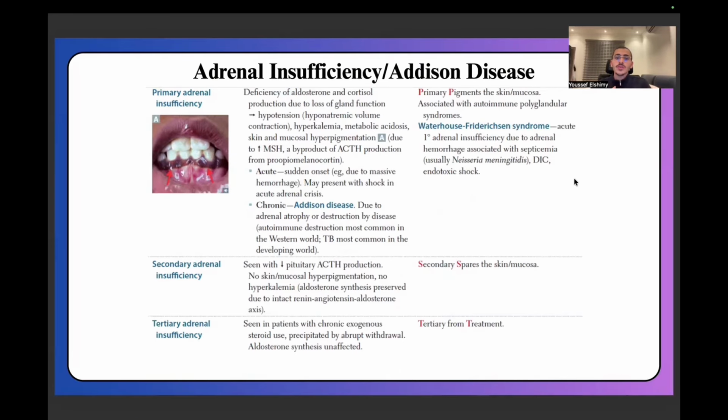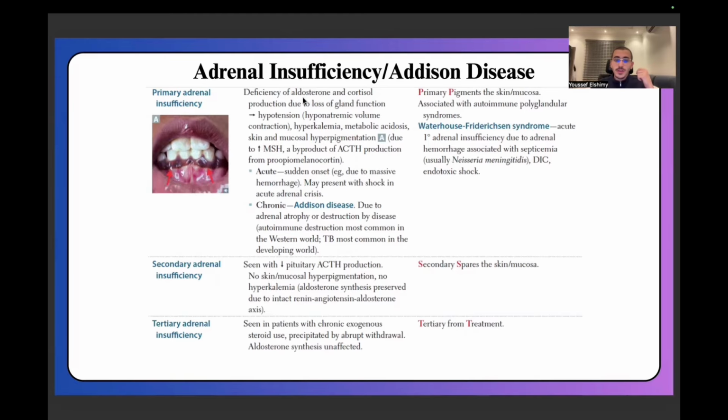Okay, then moving on to another disease, which is adrenal insufficiency or Addison disease. It could be divided into primary, secondary, or tertiary adrenal insufficiency. Primary means there is a problem in the adrenal gland itself. The adrenal gland is not producing the hormones, so there would be deficiency of aldosterone as well as cortisol due to the loss of gland function.